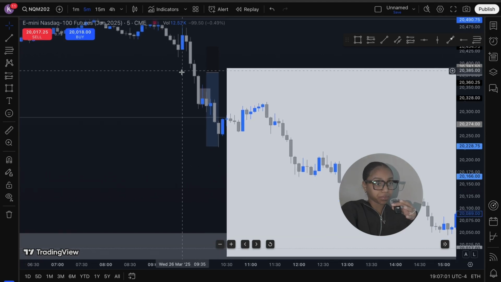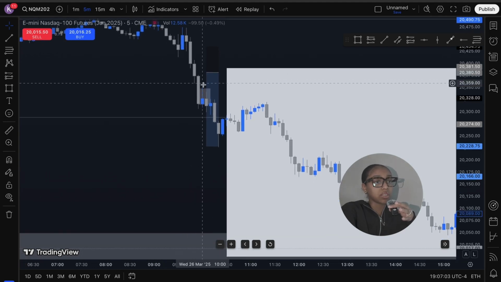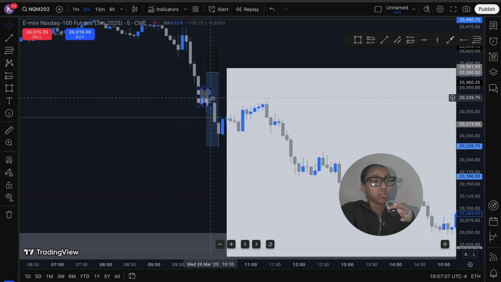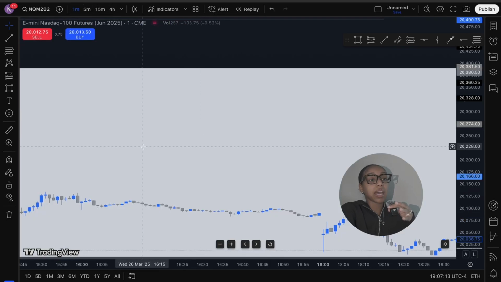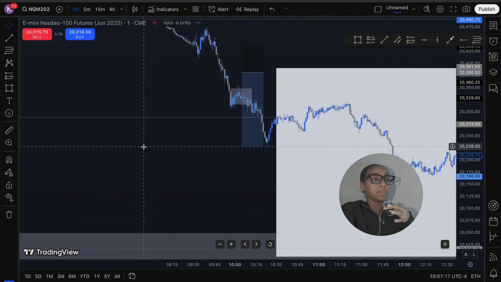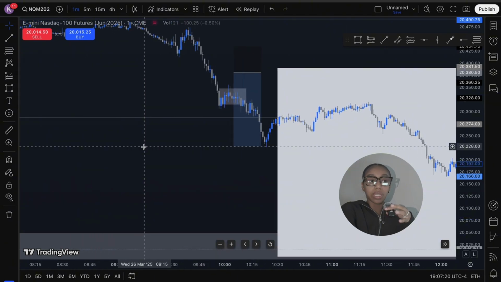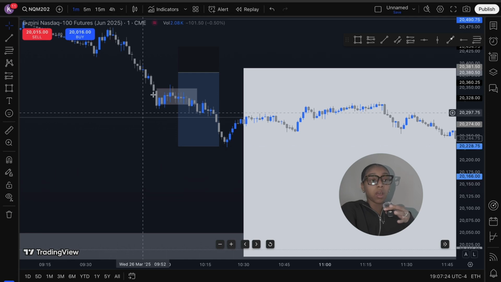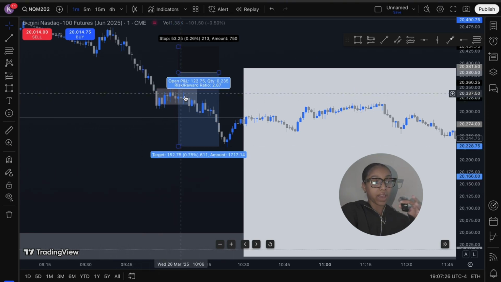So as you can see, after I entered right here, we had a move down, and then we had some consolidation. I highlighted this consolidation because I wanted to show you guys how the market moves. On the 1 minute, which is my ideal entry time frame, I was unable to enter, but that's why I have the 1 minute here.